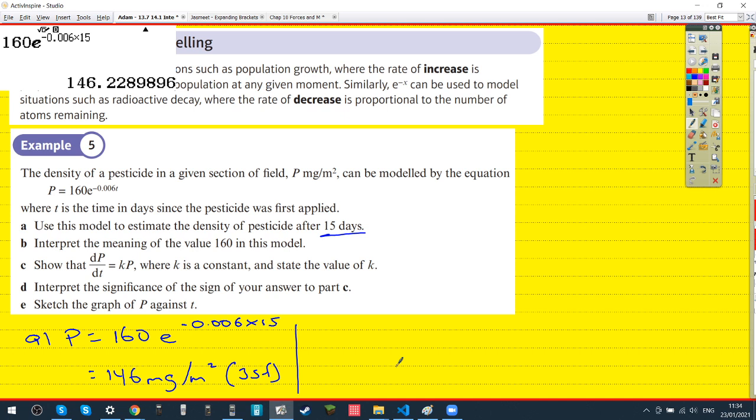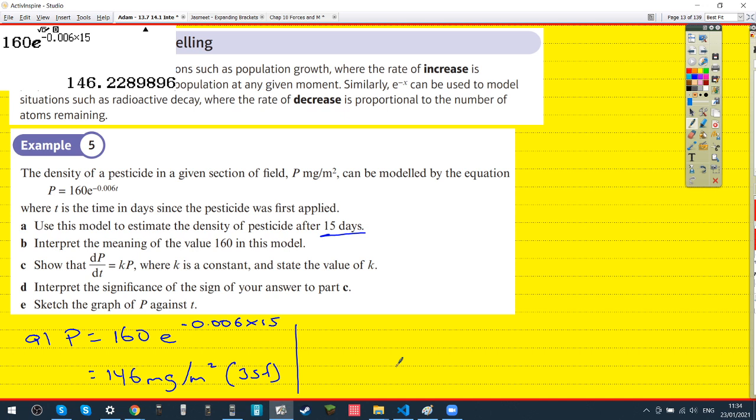Okay, B, interpret the meaning of the value 160. Is P like the amount of pressure? No, 160 is basically when T is 0, you get 160.